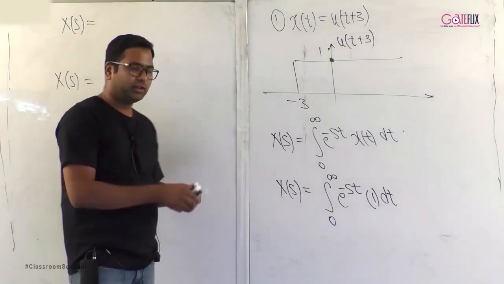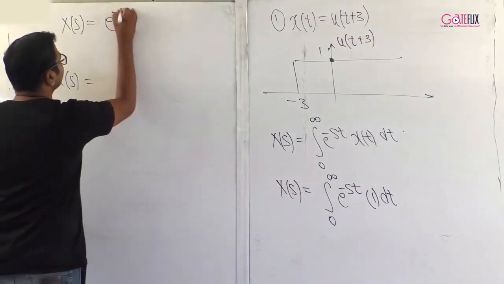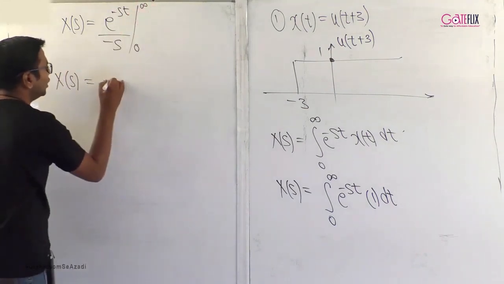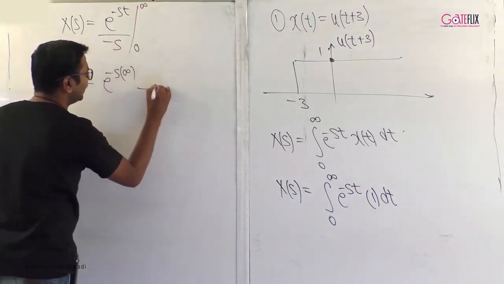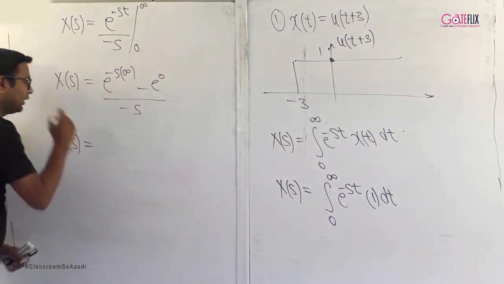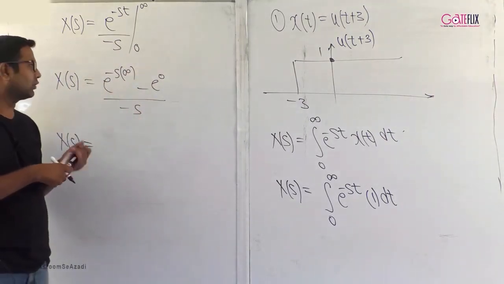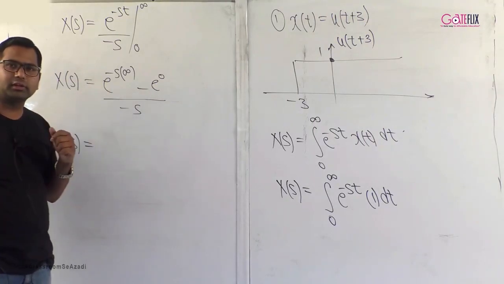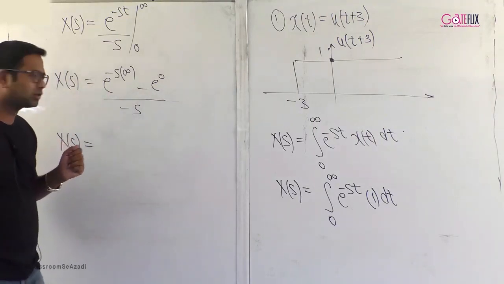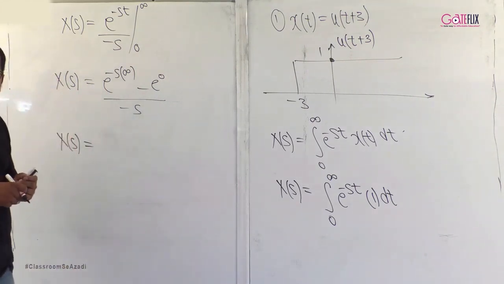The integration of e raised to minus st will be e raised to minus st divided by minus s within the limit 0 to infinity. So this will be e raised to minus infinity minus e raised to 0 by minus s. Again, the exponential term should go to minus infinity because we want the Laplace transform to be finite.